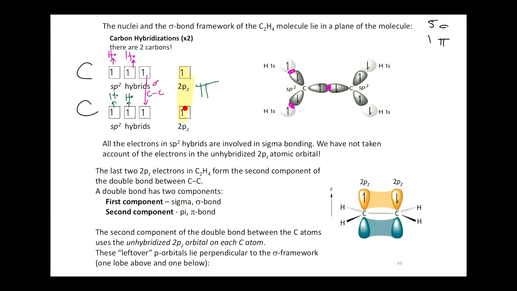Bonding is occurring, but because of where those electrons originate from, it's a pi interaction. And that's what gives us our sigma and pi interaction in our carbon-carbon double bond, because we know a double bond is a sigma and a pi interaction.